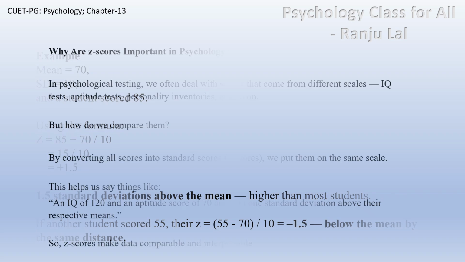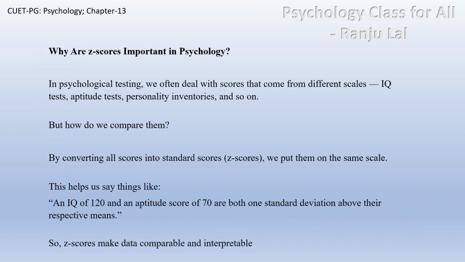Now the question is, why are Z score important in psychology? So in psychological testing, we often deal with the scores that come from different scales, for example, IQ test, aptitude test, personality inventories, and so on. But how do we compare them? Here is the trick.